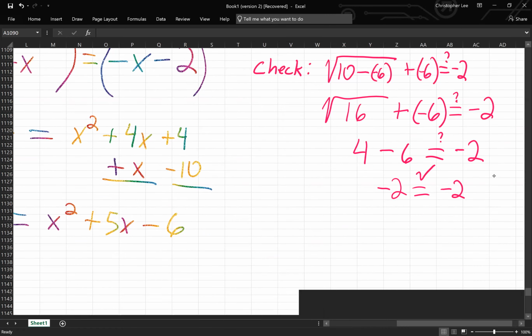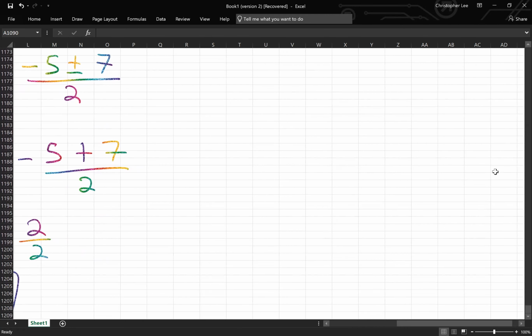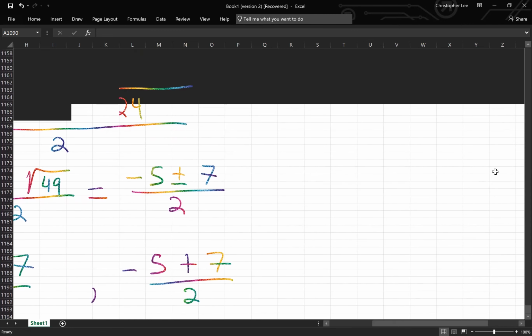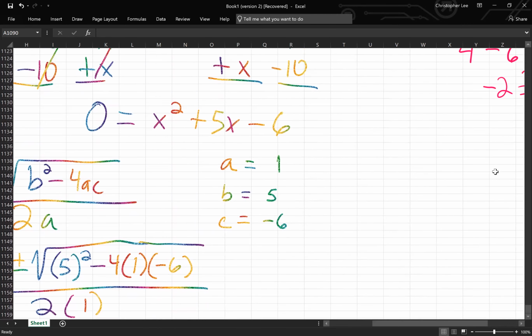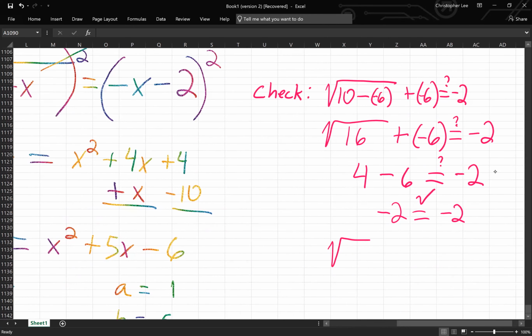Let's check the other one. Hold on, I'm gonna scroll down now and actually check the answer because I don't remember what it is. Is it one? It's +1? All right. Let's try out +1. I don't know if it's right, but we're gonna check it out. So this is square root of 10 minus 1 plus 1 allegedly is -2. 10 minus 1, I think that's like 9, right?